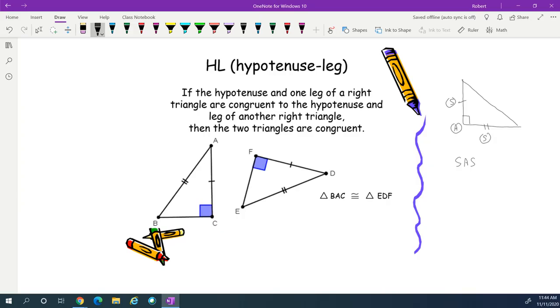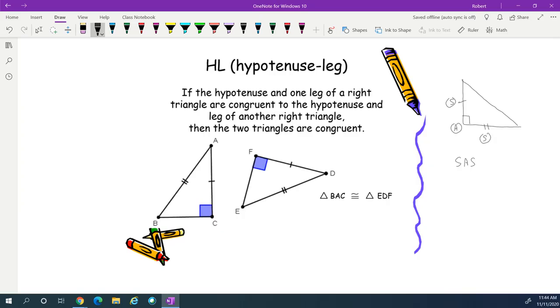And we can write a corresponding congruence statement. Everything has to be in corresponding order. But again, just because it's a right triangle does not mean it will be HL. It means it could be HL. If it's not a right triangle, then it can never be HL. A hypotenuse only exists in a right triangle. Right? So those are a few things that we have to sort out.